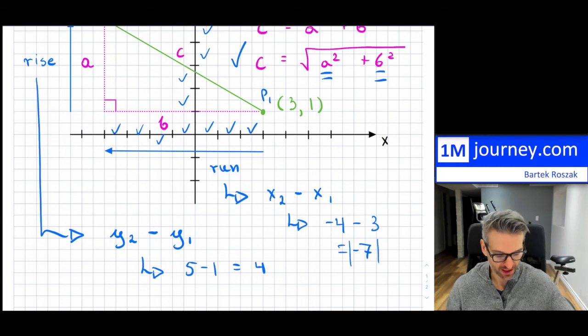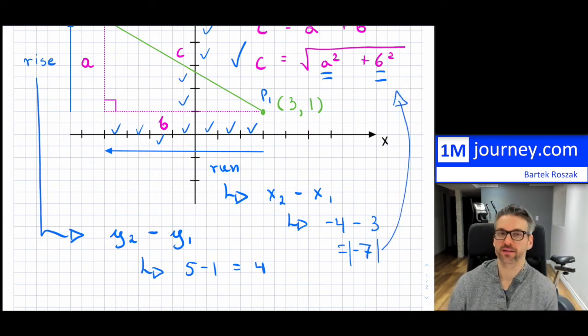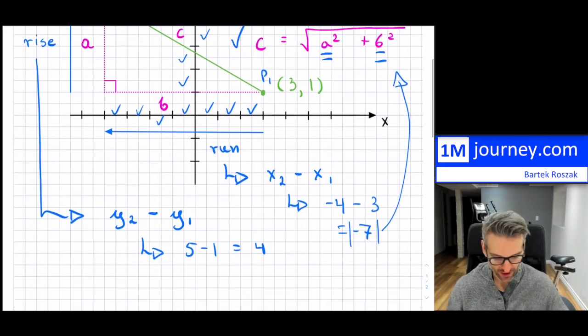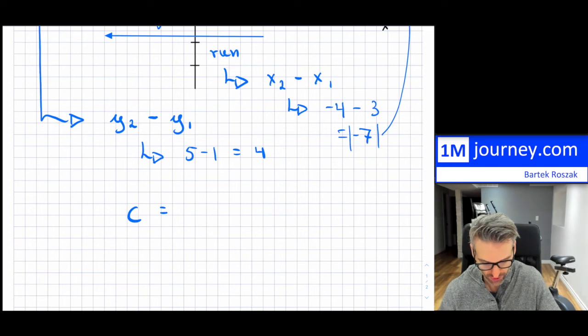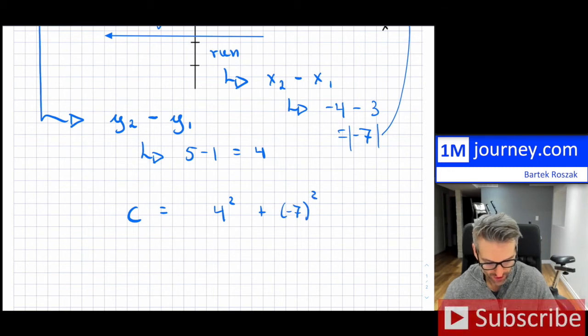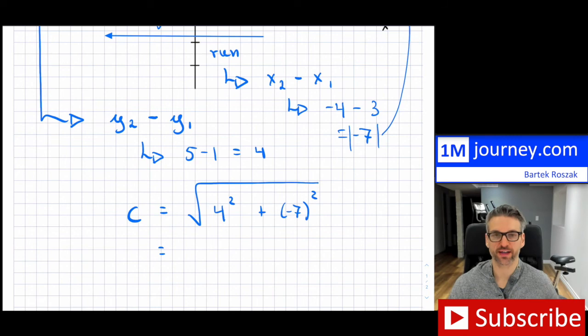Because you're going to be plugging it in and squaring it, it doesn't matter. You can keep it negative. So I'm going to get 4 squared plus negative 7 squared, and I'm going to take the square root. Once you do that, you can find out how long your line segment is.